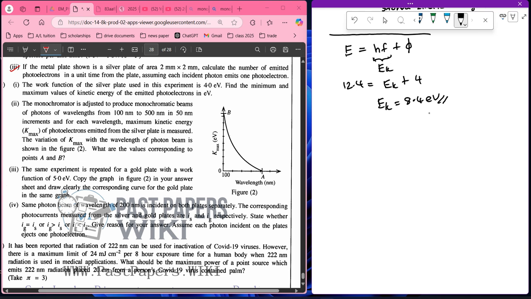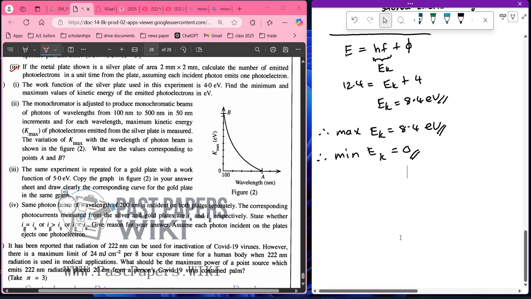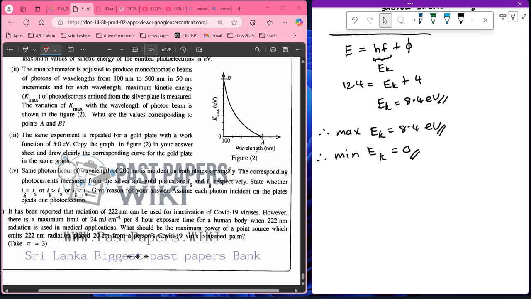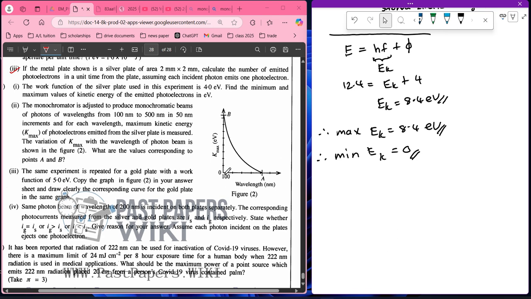So finalize the answer by writing: maximum kinetic energy is 8.4 electron volt, and the minimum kinetic energy is just 0. Yes, 0. Afterwards, that part is also finalized.